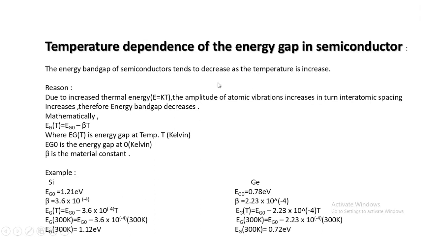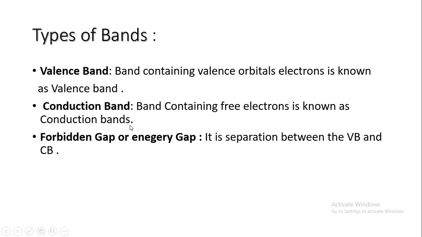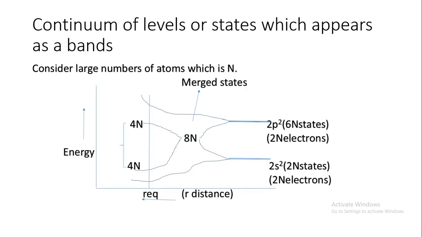And the fourth, last one: the energy band diagram of a real semiconductor cannot be represented by flat conduction and valence bands. You can see, this is the actual energy band diagram of any material.